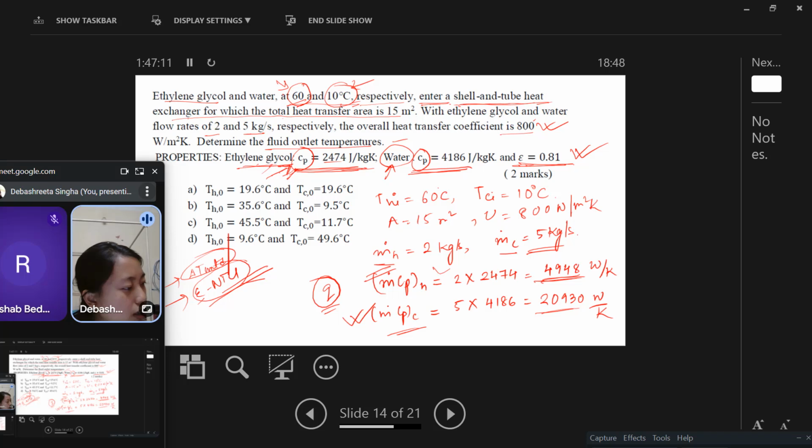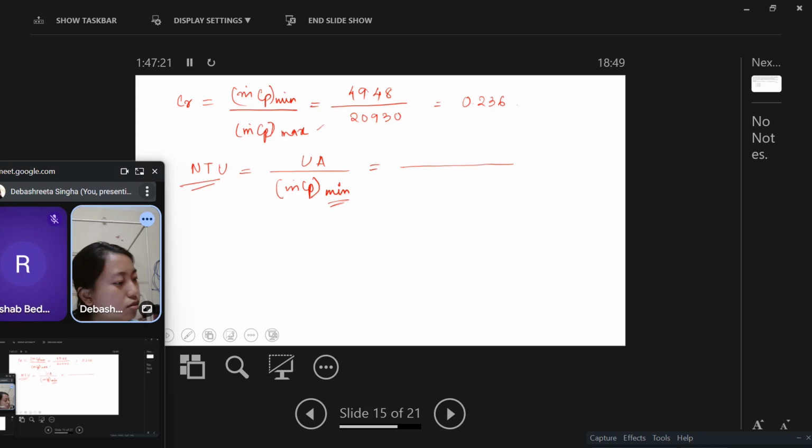U is given, 800. A is also given, and m dot Cp min we have calculated as 4948. So 800 into 15 divided by 4948 is equal to 2.43.